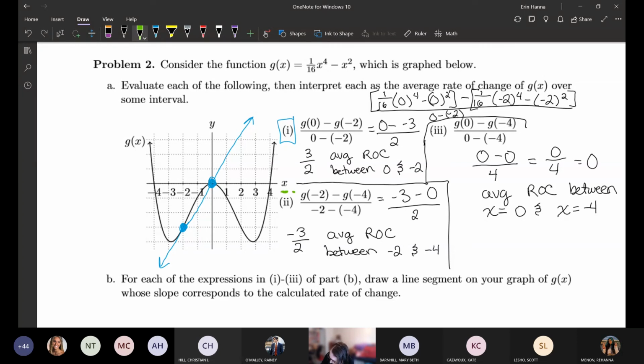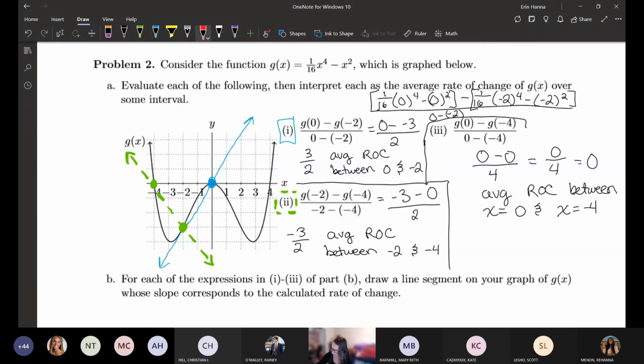And then maybe I'll also change up the way I draw the line so that people can see it. So now I'll do a dotted line between -2 and -4. So -2 and -4 would give me this line here. The slope of that line would be -3/2.